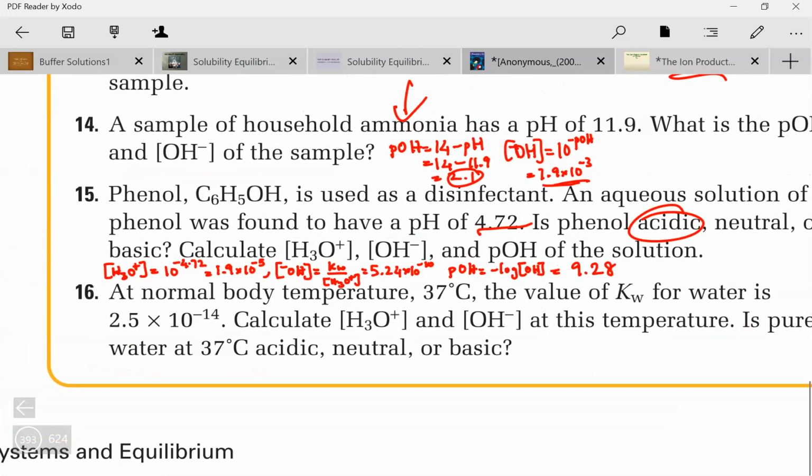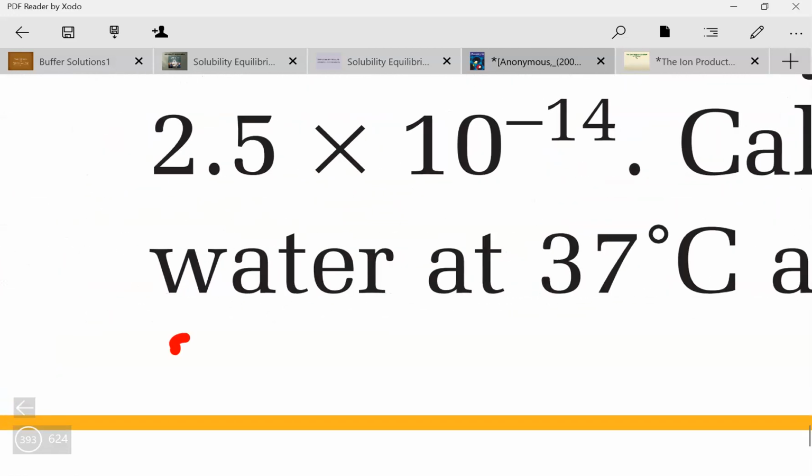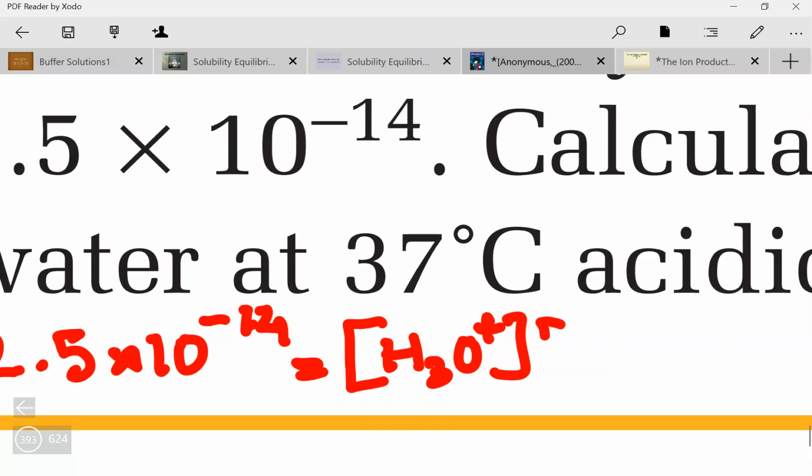This is a bit of a different question. The Kw was given to be 2.5. So because we're not at room temperature anymore, not at 25 degrees Celsius, this is given to be the Kw. And this is always now our new product of our H3O plus and our OH minus.